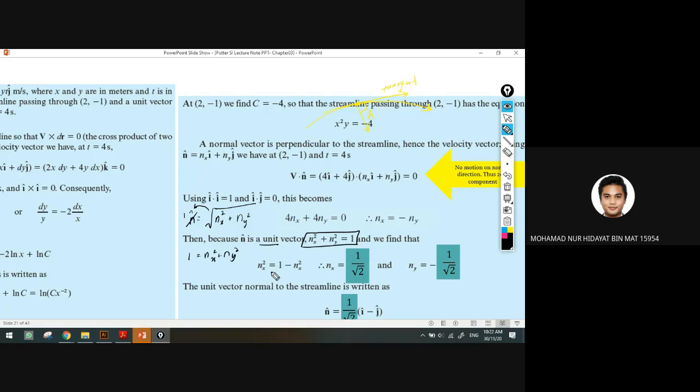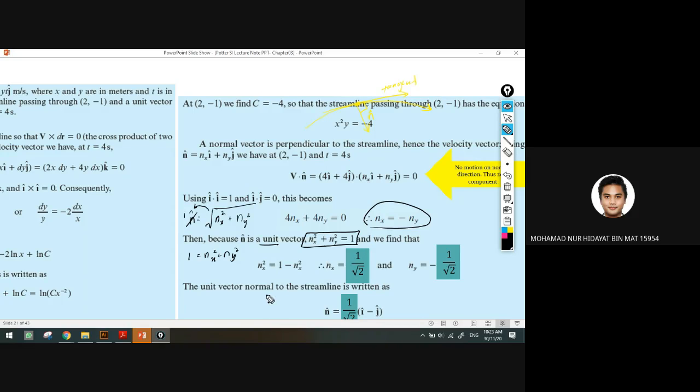We use this relationship, and we substitute nx with negative ny. Finally, we get nx equal to 1 over the square root of 2, and on the other hand, ny equal to negative 1 over the square root of 2.